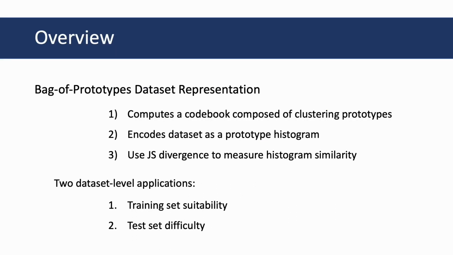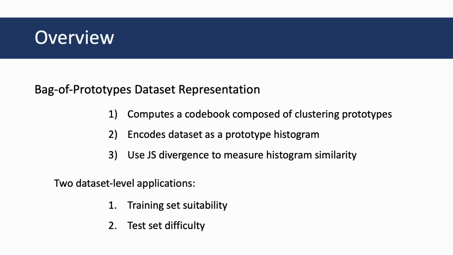This work introduces a bag of prototypes dataset representation to vectorize visual datasets. It consists of 3 steps. It firstly computes a codebook composed of clustering prototypes, and then it encodes datasets as prototype histograms.